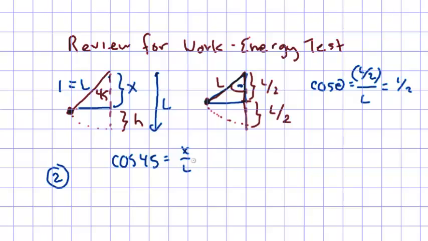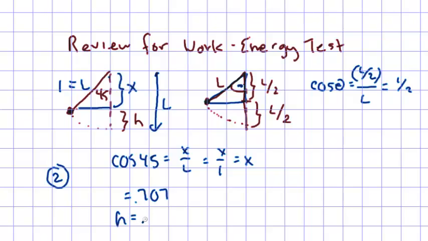Okay, so that means cos 45 equals x over 1, or just x. And so if we solve for x, cos 45 is equal to 0.707. So if this whole distance is 1, the full length of the pendulum, and x equals 0.707, h has to equal the rest of it.